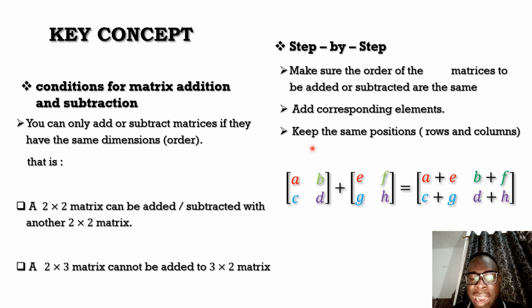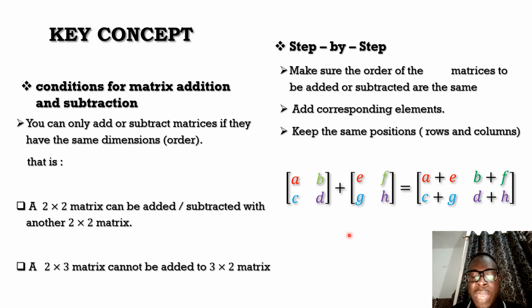We have red color for A. When you go to the other matrix, matrix E, F, G, H, look at the color of E. It is also red. So it means that red will be added to red, light green will be added to light green, blue will be added to blue, then purple will be added to purple.